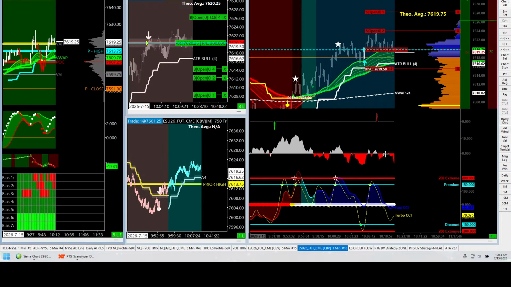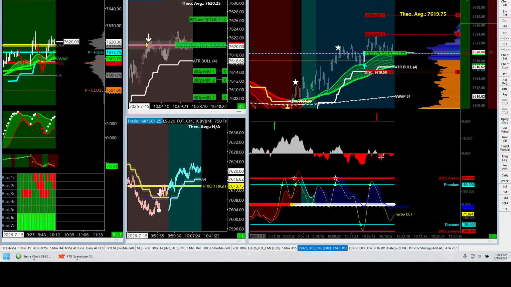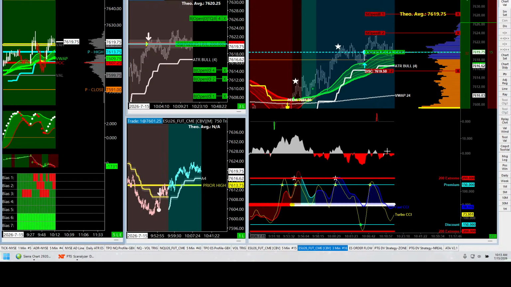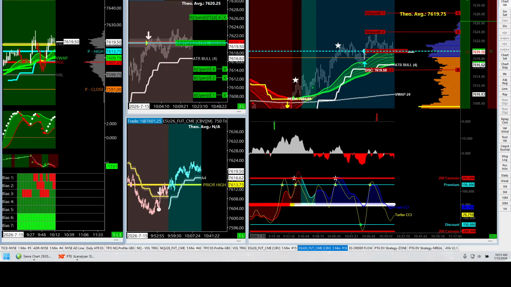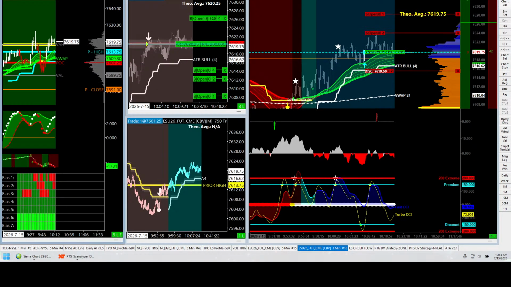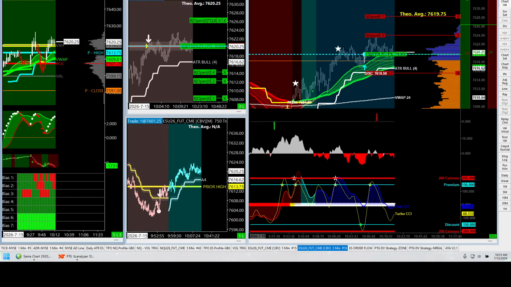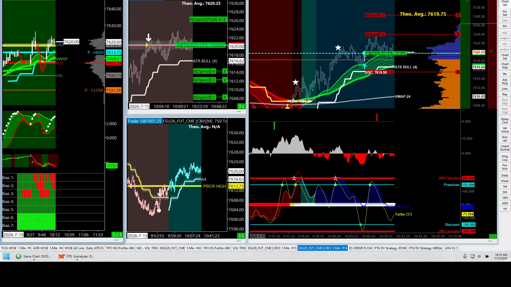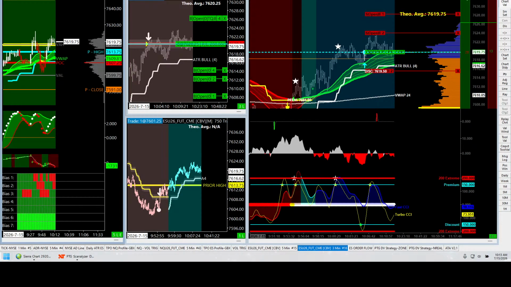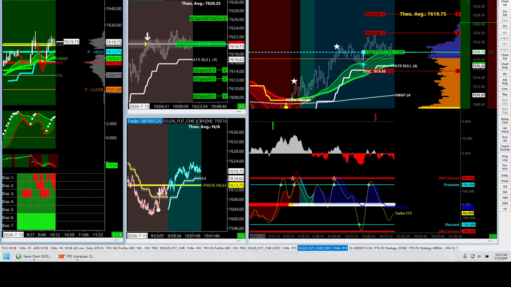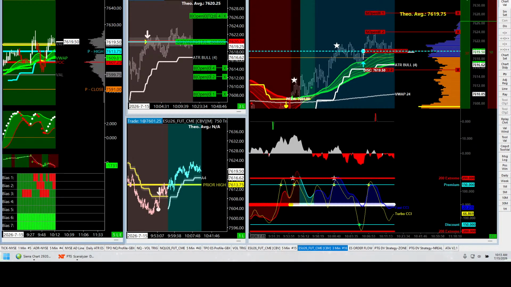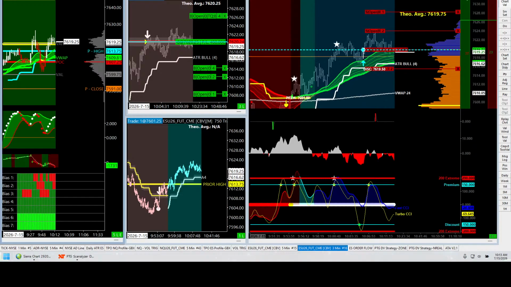Not really an impressive display of buyers. Some persistent buyers, no doubt, but not really a real impressive display. So obviously running into some supply. Again, it all depends who has the larger mallet, right? And this is stuff that we don't know. We don't know who has the bigger hammer here.